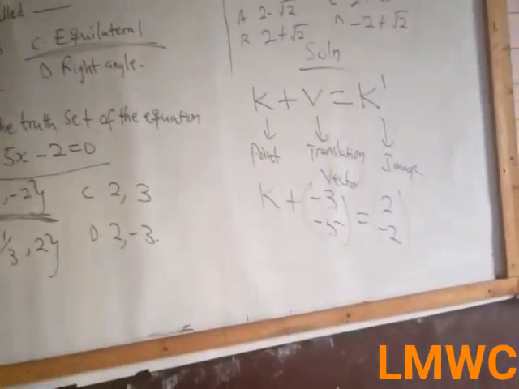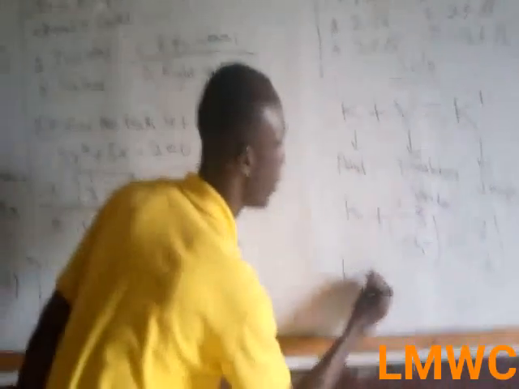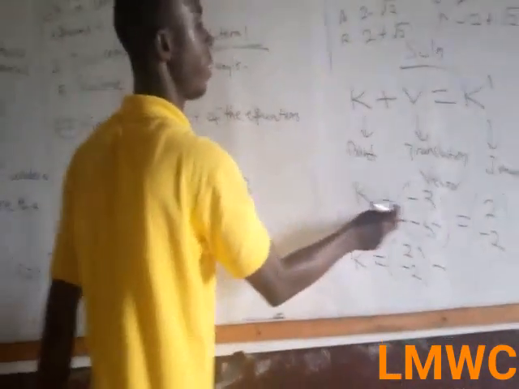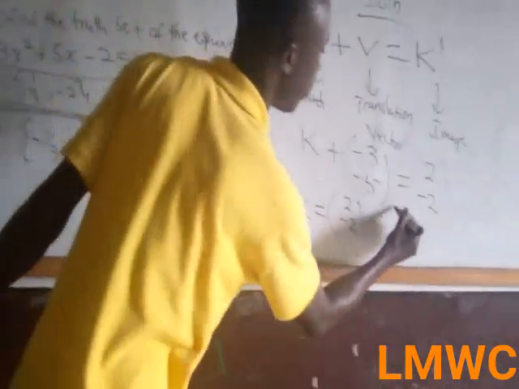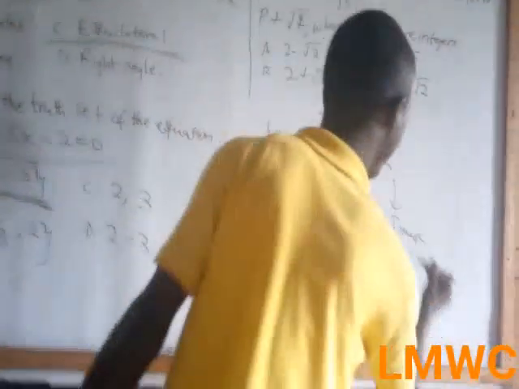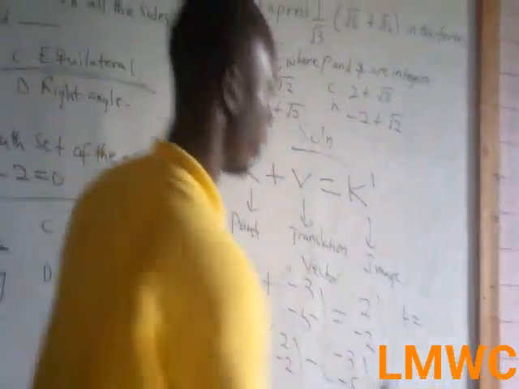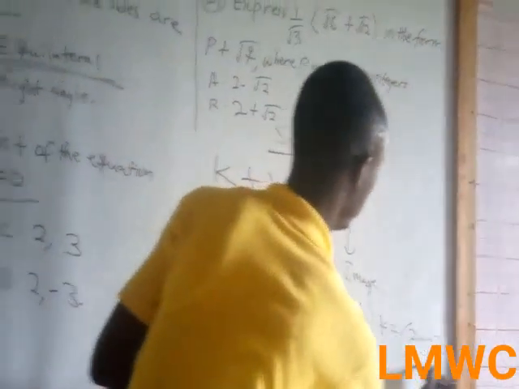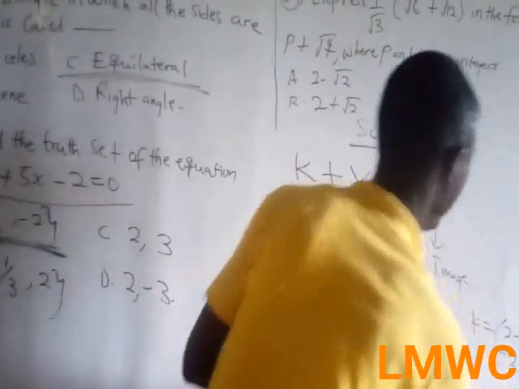So we solve it. We have K is equal to 2, negative 2, minus, this is addition, once it's moving, it becomes negative. Minus negative 3, negative 5. So we have K is equal to 2 minus minus 3, and this one is negative 2 minus minus 5.